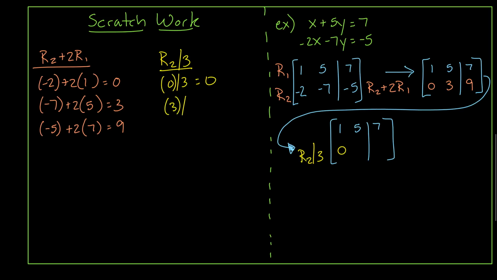So what is 3 divided by 3? 1. Is that what I wanted to get? Oh, yes, it was. And my constant for row 2? 9. What's 9 divided by 3? 3. Okay. So now I have my second row, I have my ones in the diagonal.